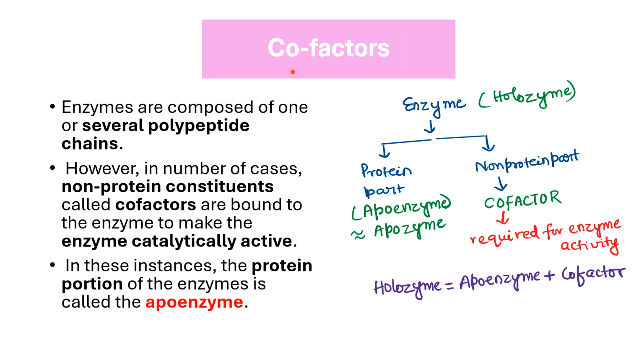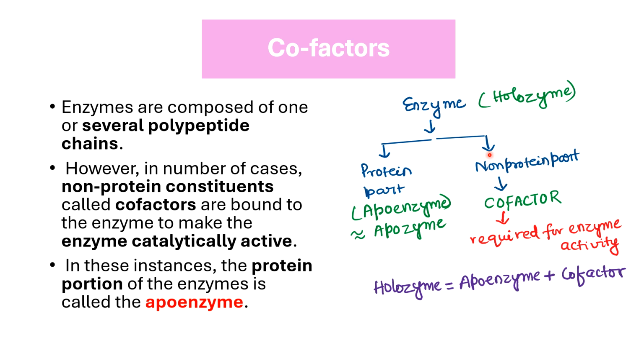Let us now move on to the next topic, that is cofactors. Now, what are cofactors? If you talk about an enzyme, sometimes the enzyme can have a protein part as well as a non-protein part. We already discussed enzymes are made up of protein, but sometimes enzymes have a non-proteinaceous part in them.